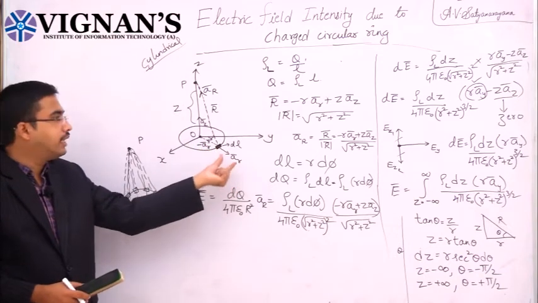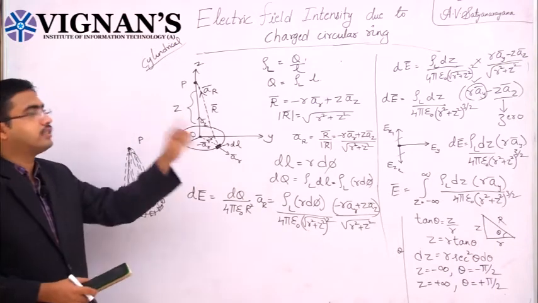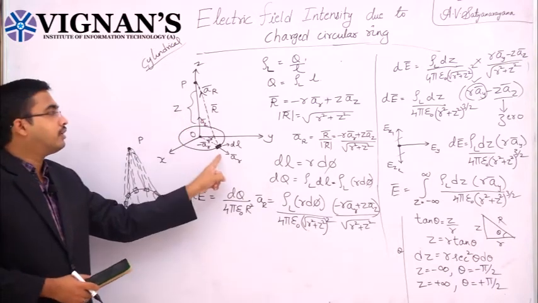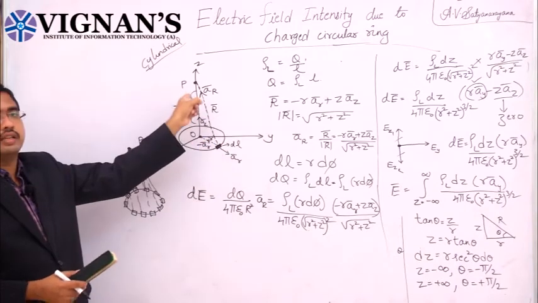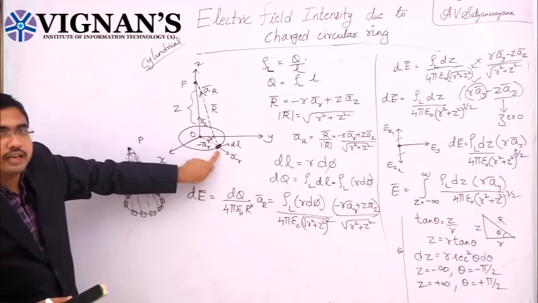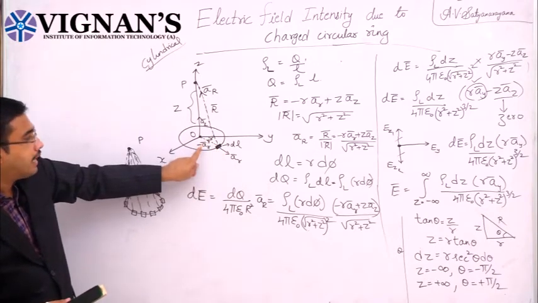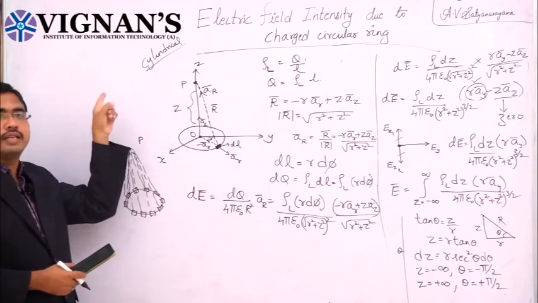The radial component is ar bar, which is perpendicular to the surface of the cylinder we are assuming, but the direction should be considered inside because your point is towards the z axis, so minus ar bar. So for one differential length dl, you are getting one minus ar bar. For number of dl's, you will get number of minus ar bars.